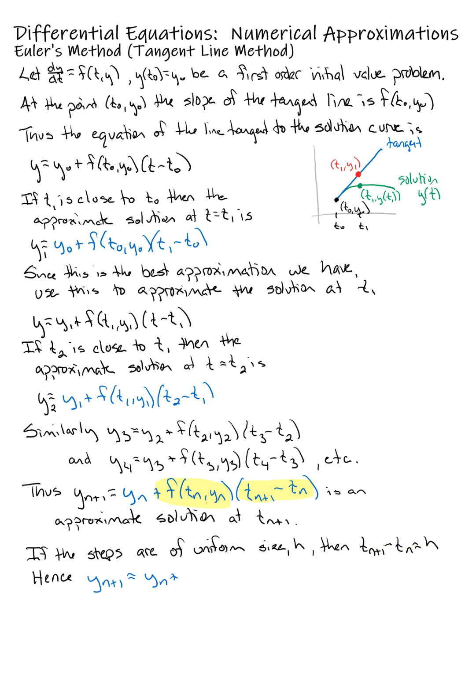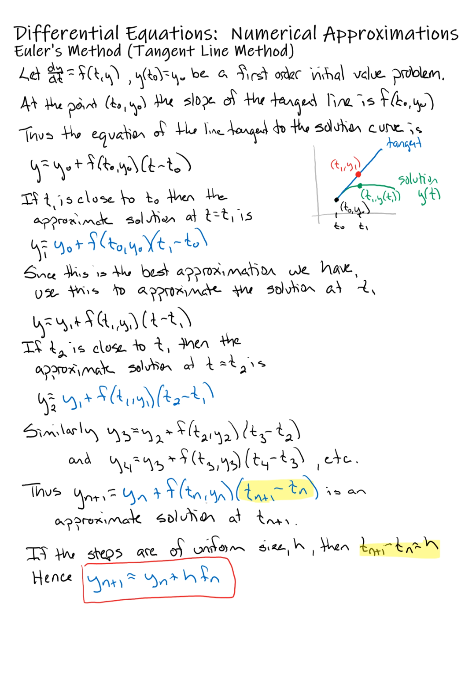And then again, remember that t sub n plus 1 minus t sub n is h. So I end up with h times f sub n. So this would be how I would determine any of those solutions using Euler's method.